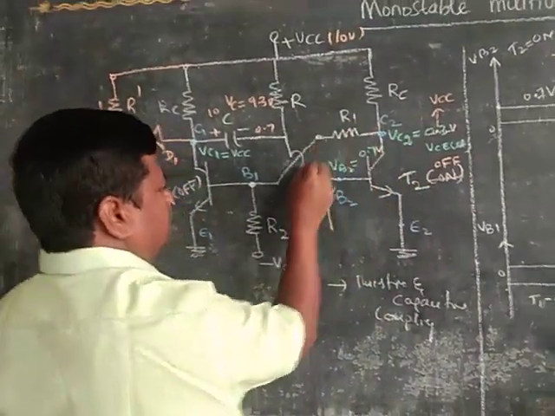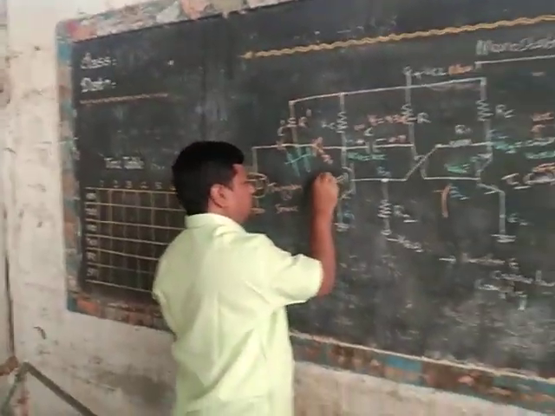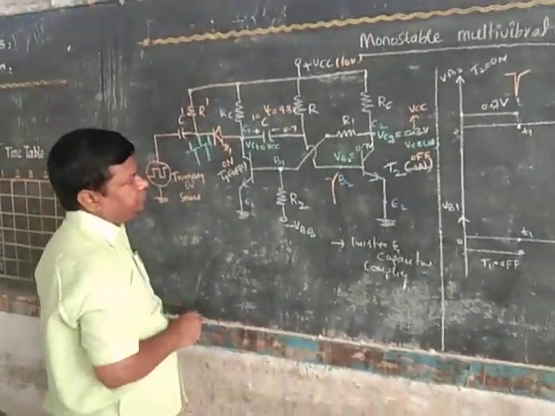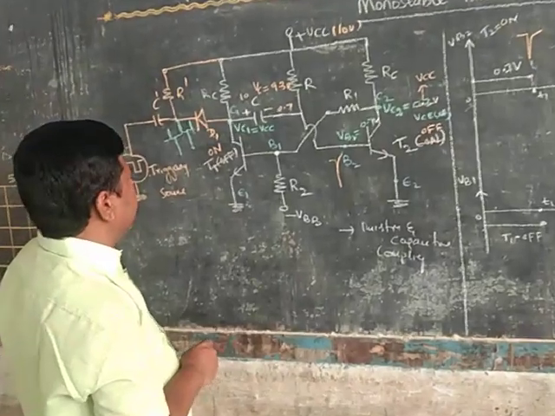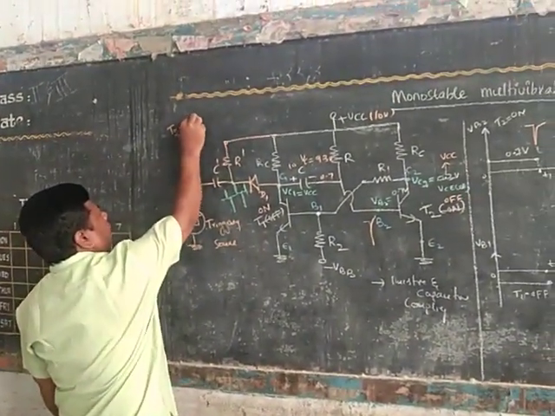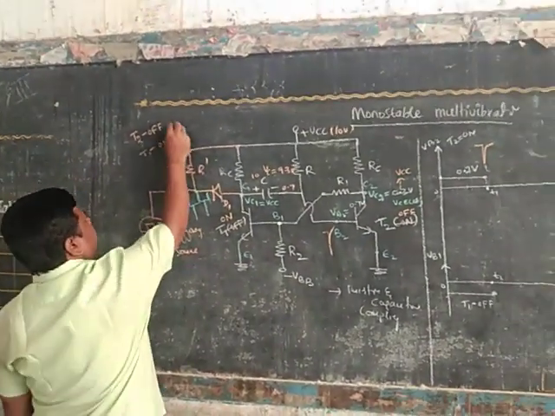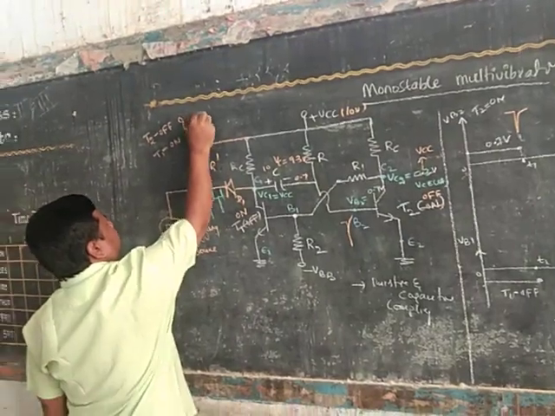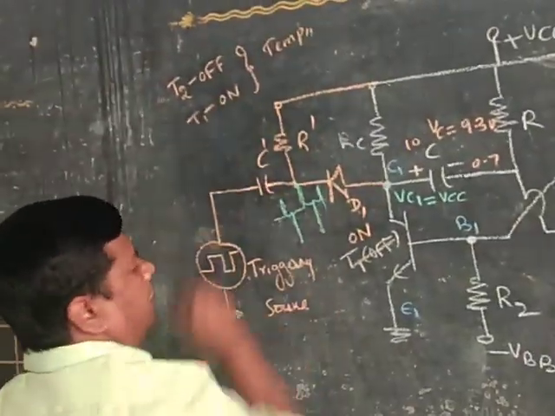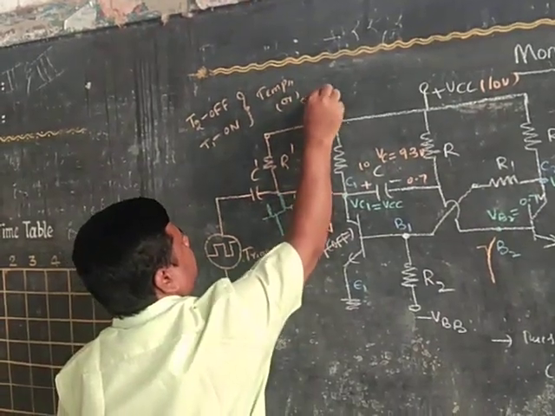This raised voltage is applied to the base of T1 transistor. T1 enters into on. Now the status is T2 off, T1 on. This is the temporary state or semi-stable state.